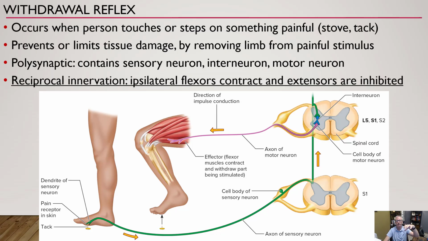That's the withdrawal reflex. It's called reciprocal innervation. Your same side flexors contract. You pick up your leg. And in addition, those same side extensors, what would normally extend your leg, are inhibited.